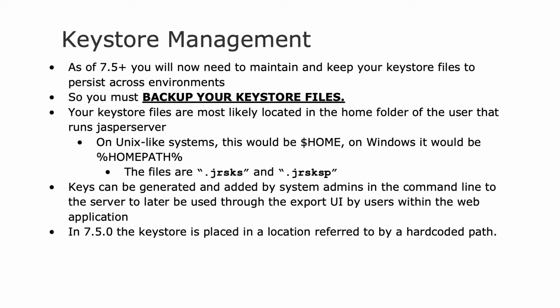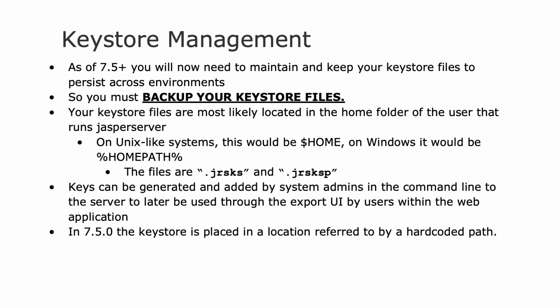Where can you find those files? In the most default configuration, these files are usually stored in the home directory of the user who is running or who installed the server. On Unix-like systems that are POSIX compatible, this would be /home/user.